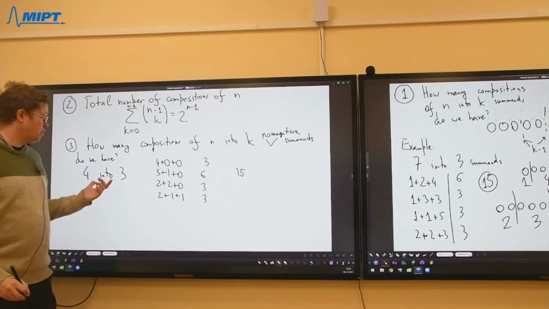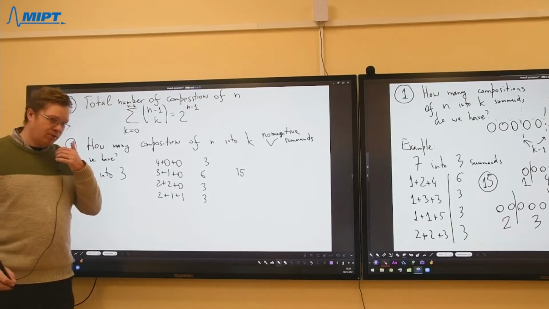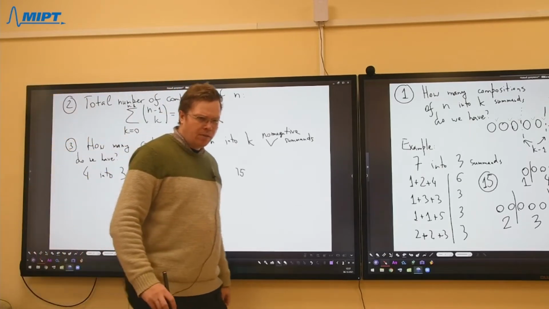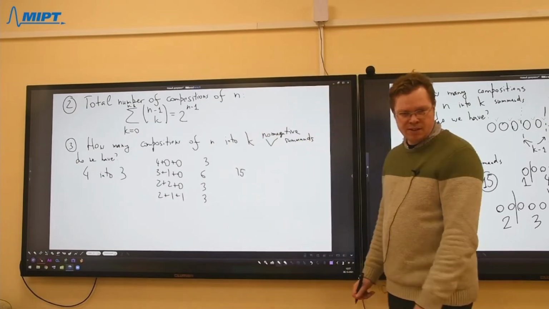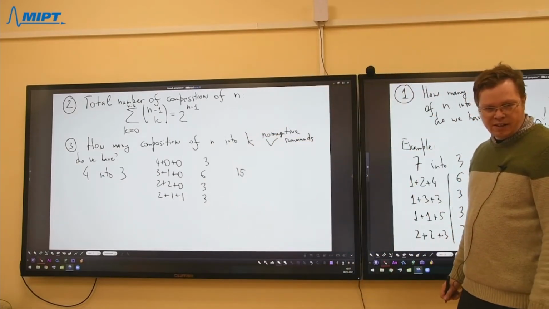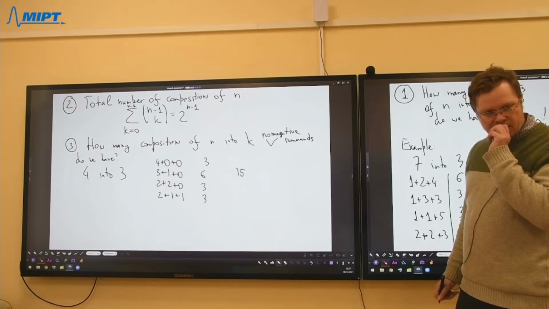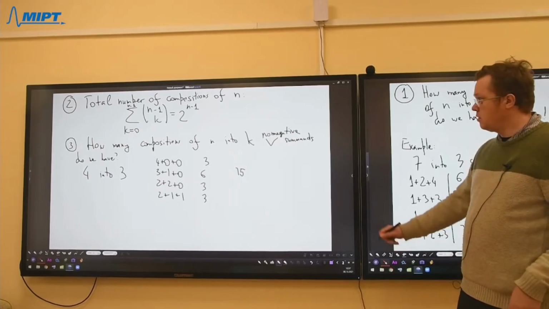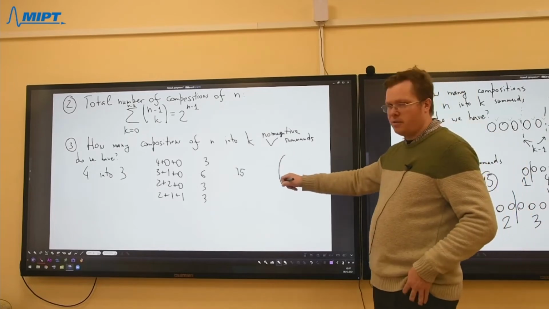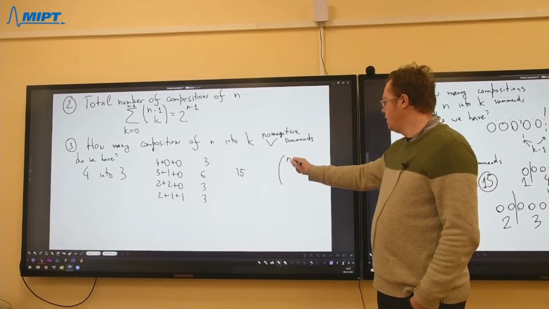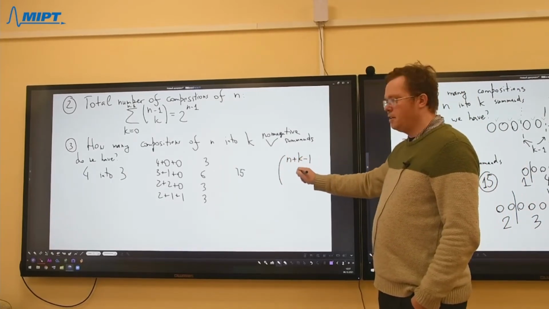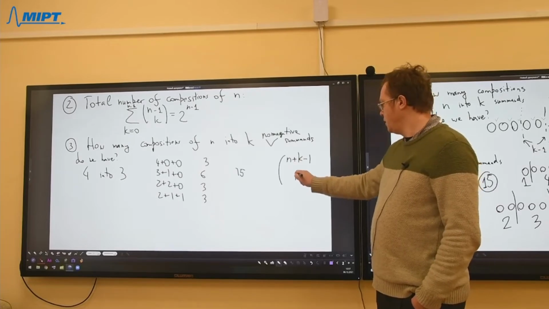But can you just write the formula for this situation? Why is that so? He wrote that the answer is n plus k minus 1 choose k minus 1.